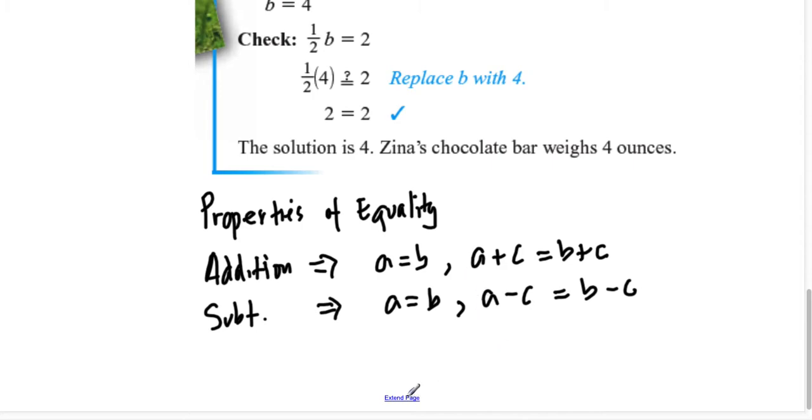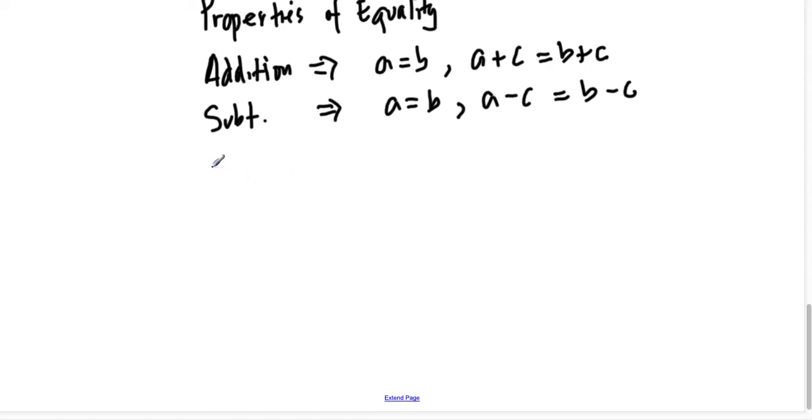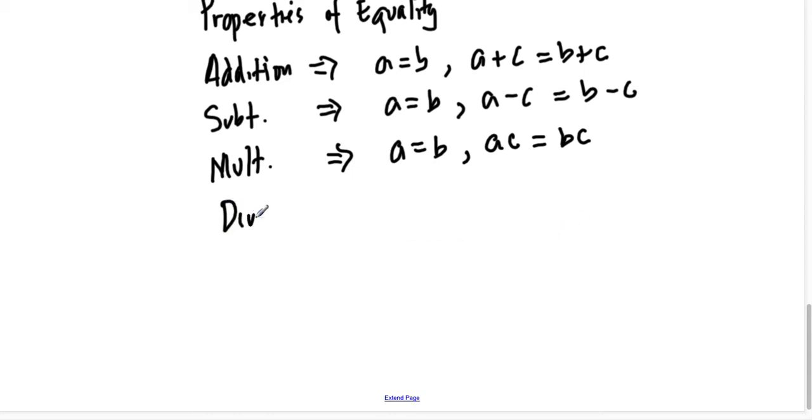And in this particular lesson, we have the multiplication property of equality, which states that if you have A equal to B, multiplying A by C is the same as multiplying B by C. And the division property of equality states that if you have A equal to B, then dividing A by C is the same as dividing B by C. Whatever you divide on one side, you need to divide on the other side.